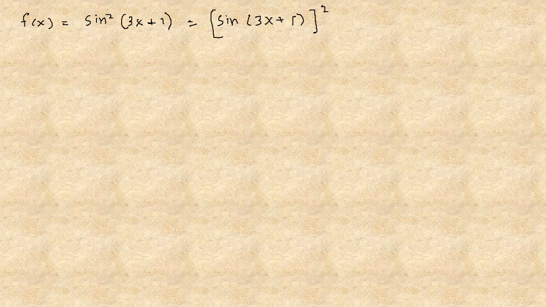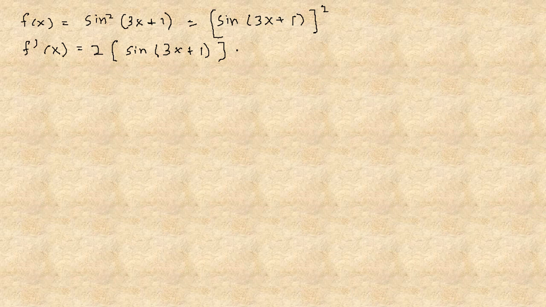So to differentiate a trigonometric function that has a power, f prime x will be equal to, first we solve for the power. Power 2 we bring to the front, and then multiply by sine 3x plus 1 to the power of 2 minus 1, which is 1.